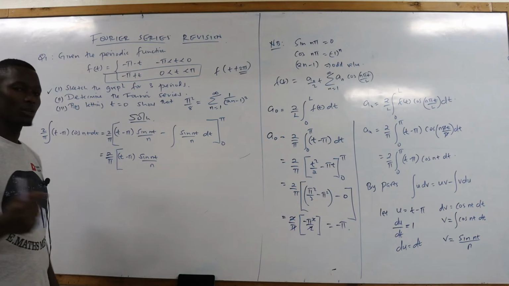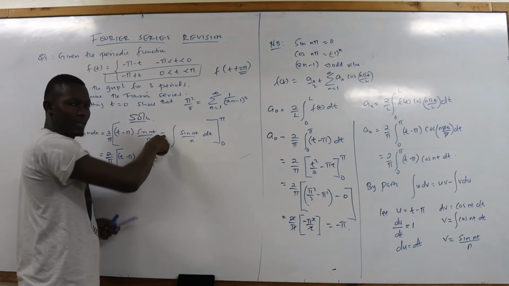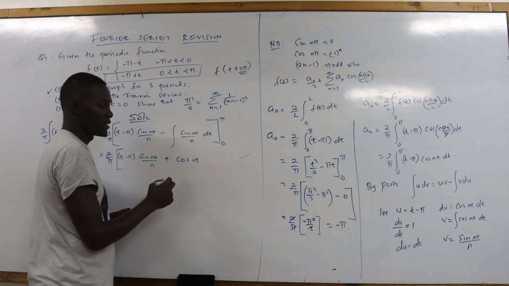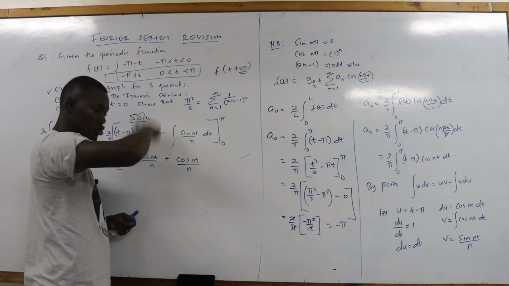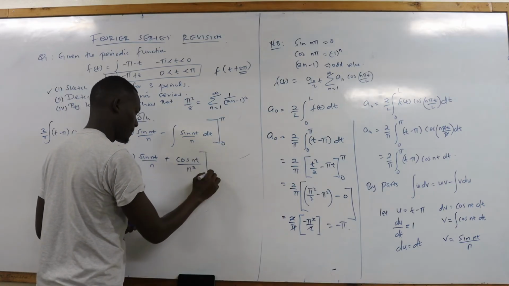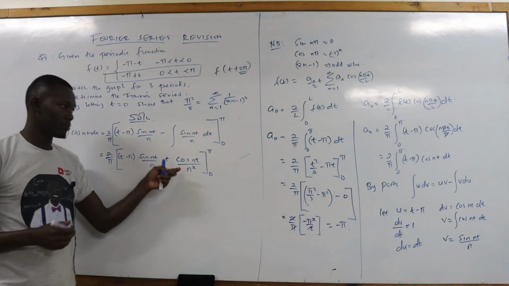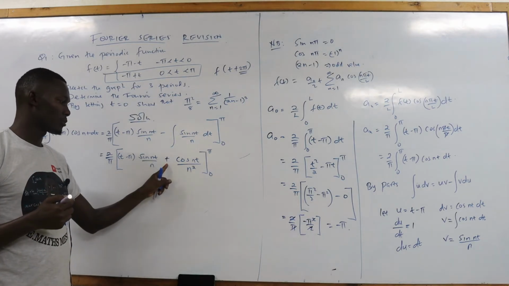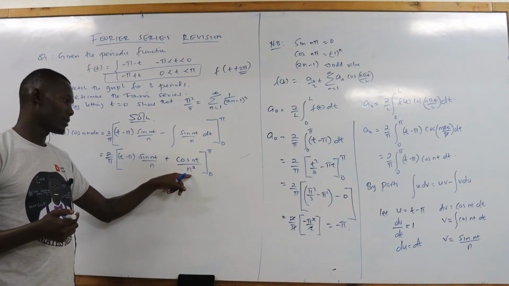Sin nt, you get negative cos. Together? Negative cos, and there's another negative here, so this one becomes positive cos nt. But remember, you had an n here, then drop another n. This one gives you n squared, from 0 up to pi. So that is important. Integrating sine, you get negative cos. Negative and negative gives you a positive cos. Then drop another n, because there's already an n here, it becomes n squared.